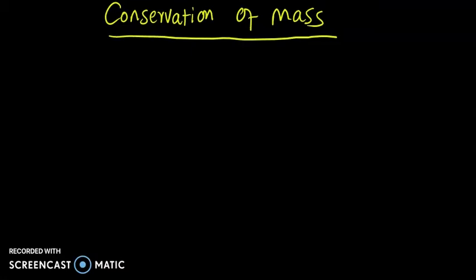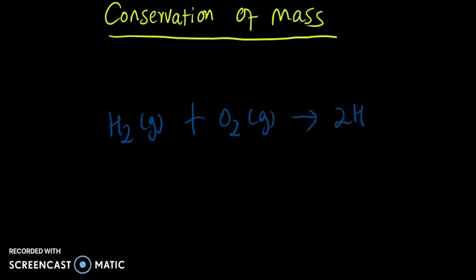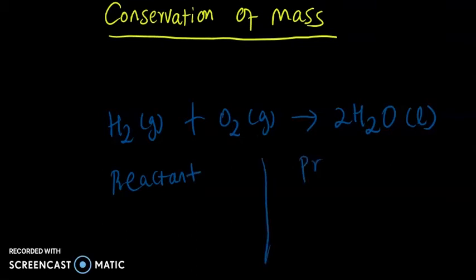For example, let's consider the reaction that gives us water, which is hydrogen in its gas state reacting with oxygen in its gas state to give us water in the liquid state. First of all, let's examine the reactant and the product side.